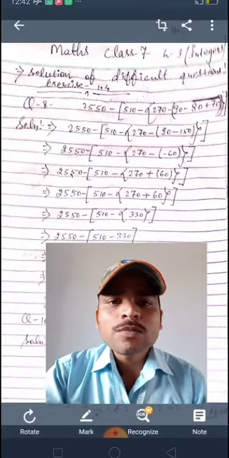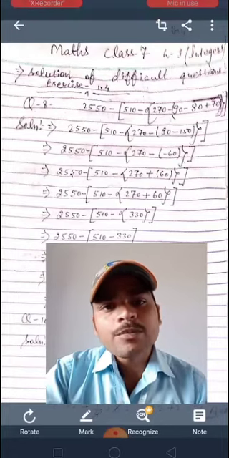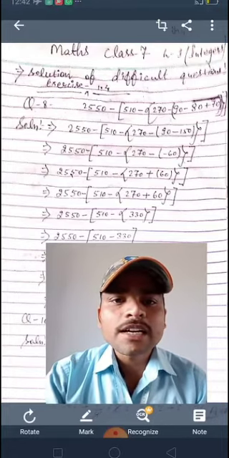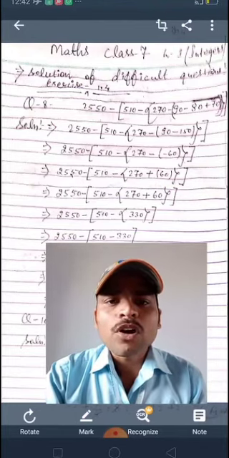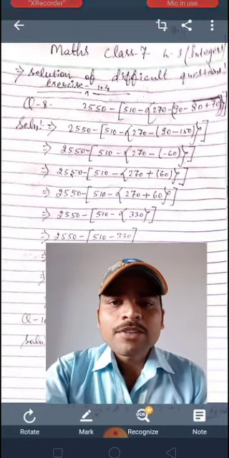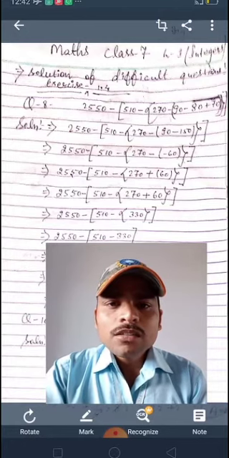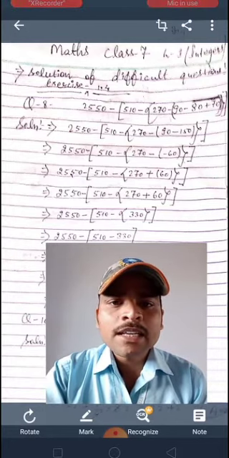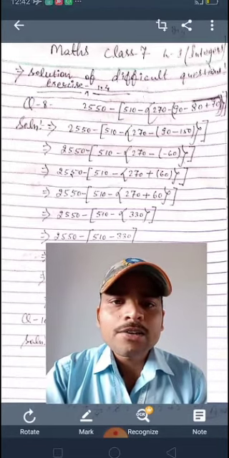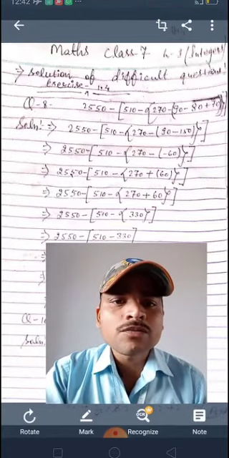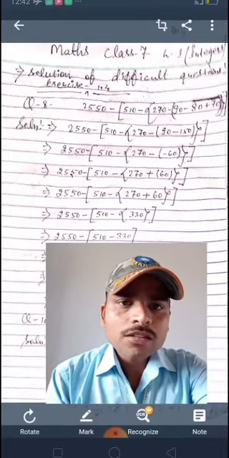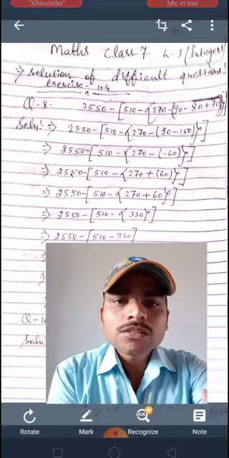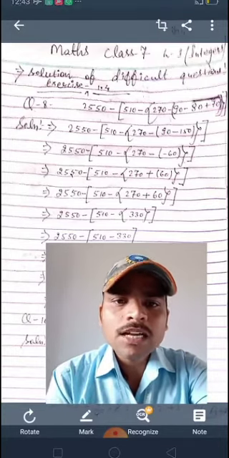Then close bracket of a small bracket, close bracket of middle bracket, and at last the close bracket of big bracket, and then the same rule you follow. 2550 minus the open bracket of big bracket 510 minus the open bracket of middle bracket, then 270 minus the result of 90 minus 150, which gives minus 60, and then the close brackets of middle brackets and larger brackets.